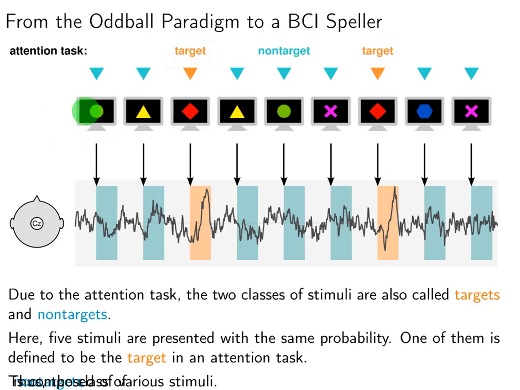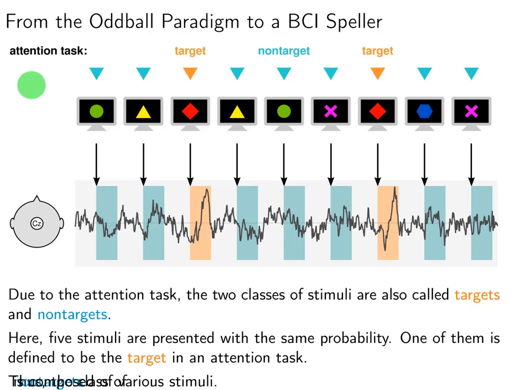So with a slight modification to the visual stimuli, we can see here circles, triangles, rectangles, and cross, and octagon. Different shapes, different colors. So instead of presenting just binary or two different types of stimuli, we can make it a little bit more diverse.